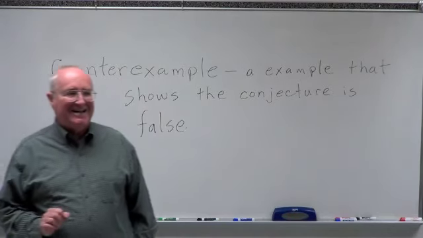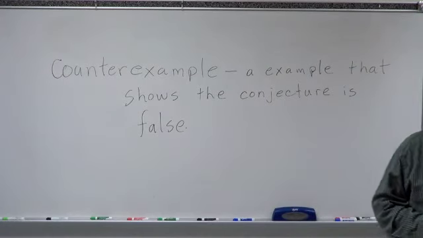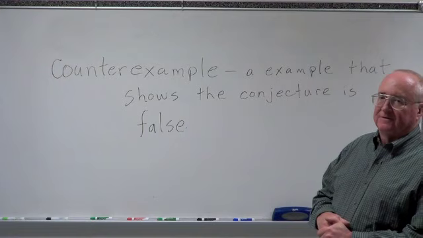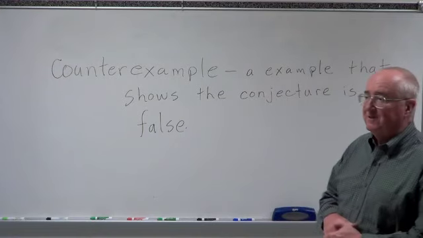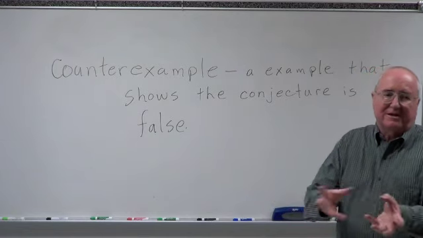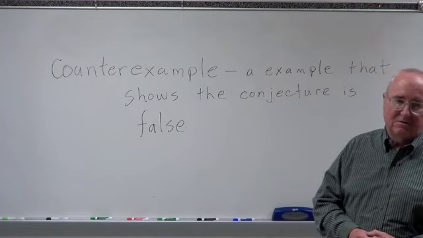Remember what a conjecture is. A conjecture is an educated guess based upon known information. So based upon historical information, you make an educated guess. Somebody comes along or something happens that says, wait a minute, here's one that doesn't fit that. This doesn't work.